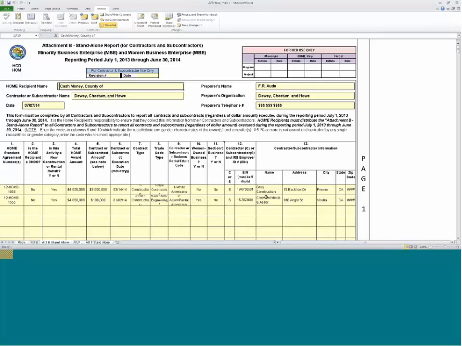So these two organizations will be needing attachment B standalone reports also to provide to their subcontractors. And as you can see, this kind of cascades down through the entire contracting process of a project.